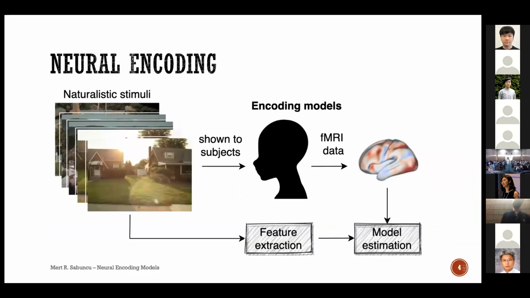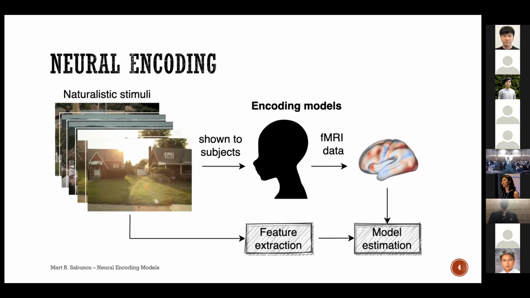Okay, so what is a neural encoding model? This is the setup we're interested in. You have human subjects lying in an MRI scanner, and we're acquiring functional MRI data. This could be other types of functional imaging as well, but in this case, it's going to be functional MRI data. And they're being exposed to stimuli like visual stimuli or auditory stimuli.